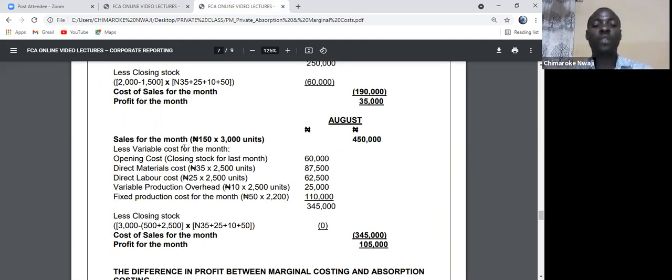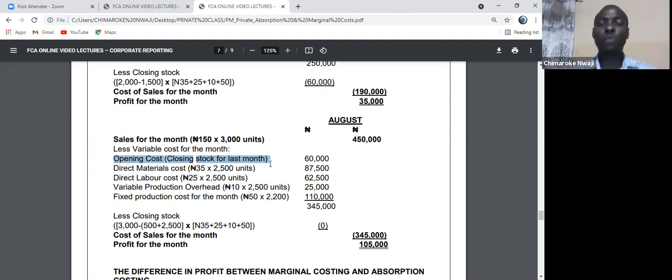Less cost of sales for the month. We have opening stock, which is the closing stock from last month.